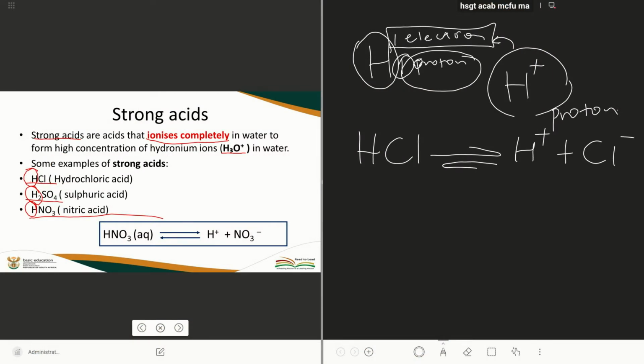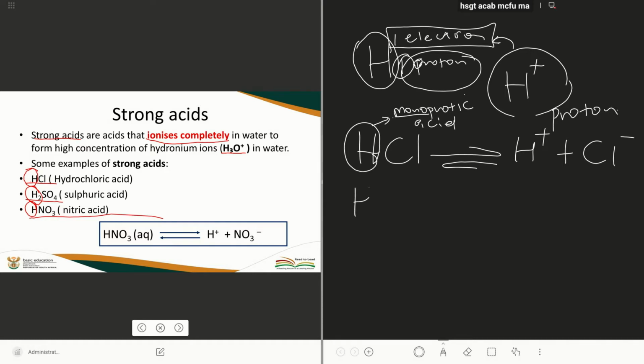So what has happened? Hydrochloric acid has donated only 1 proton. And by donating only one proton, we refer to it as a monoprotic acid. Mono means one. This means that only one proton can be donated by hydrochloric acid.